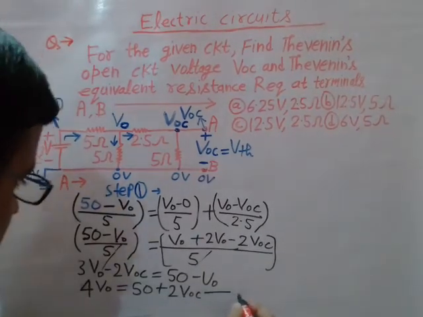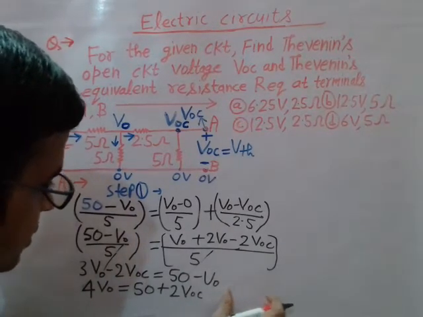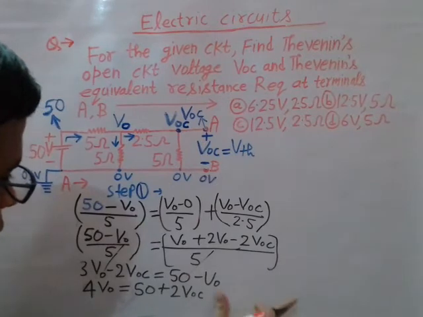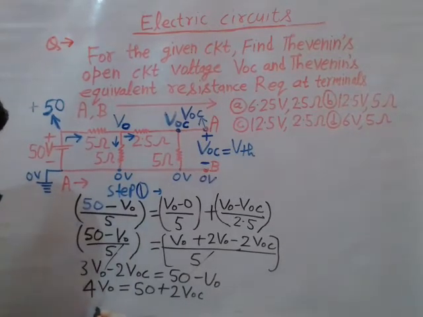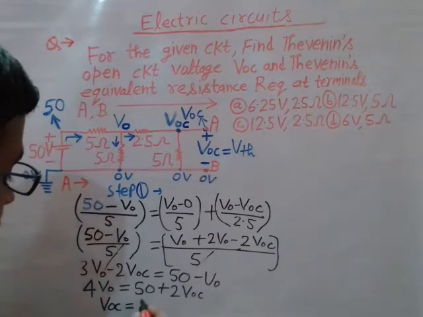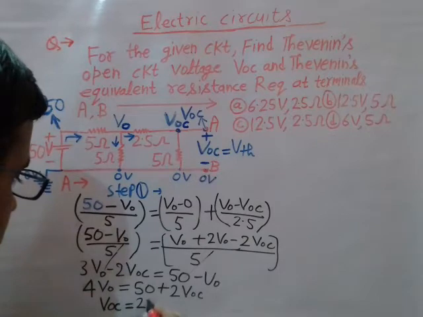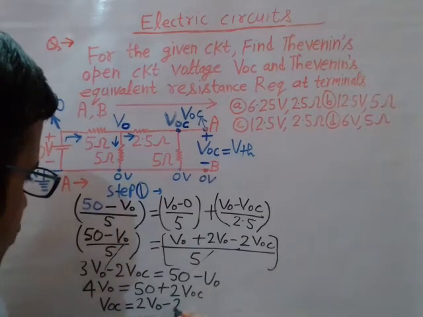Or you can write it like this, to calculate VOC, I'm writing this equation in another way. VOC, that is the open circuit voltage, is equal to 2 V naught minus 25.